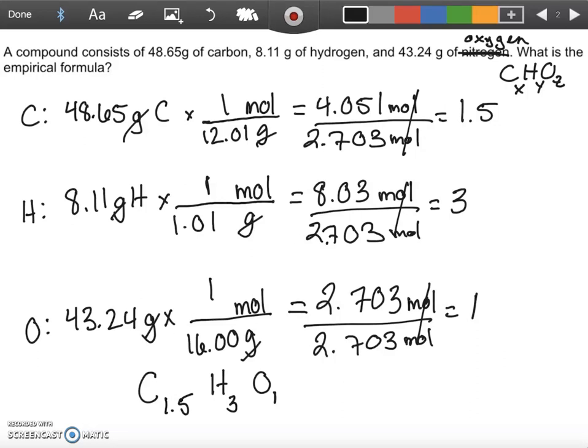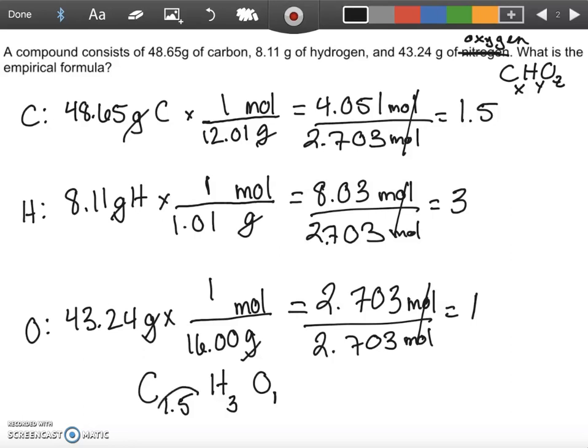How do you get this to become a whole number? Specifically this one. Well, we're going to multiply by a coefficient that will turn this into a whole number, okay? In this case, we're going to multiply it by 2, because if you multiply 1.5 times 2, it will become 3, which is a whole number, alright?